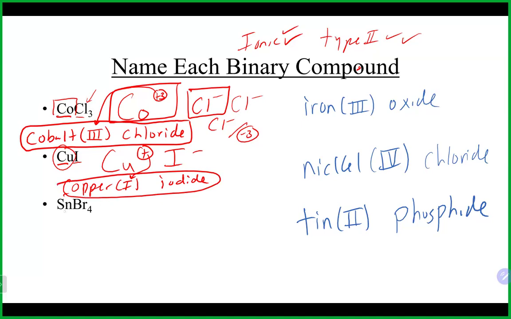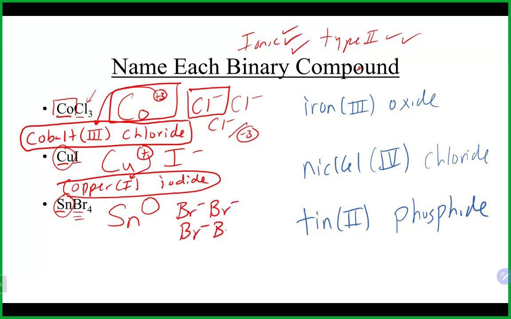Next is Sn, which is tin, a metal. Br is a non-metal. So once again, ionic. Tin, not a transition metal, but one of those below the staircase to the right that falls under the same category, so it can have a variable charge. Once again, I don't know what it is, but I know bromine is group 7, so that's a -1.